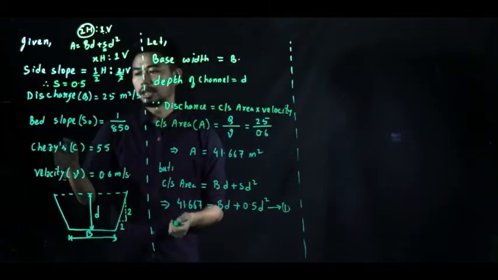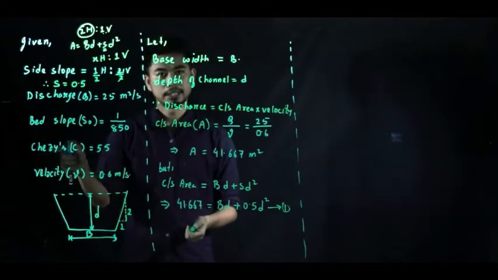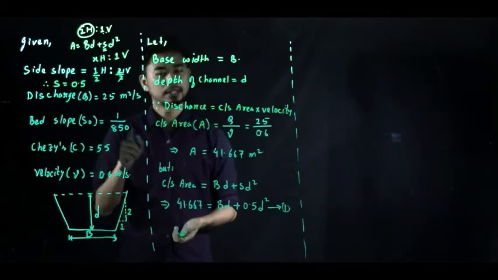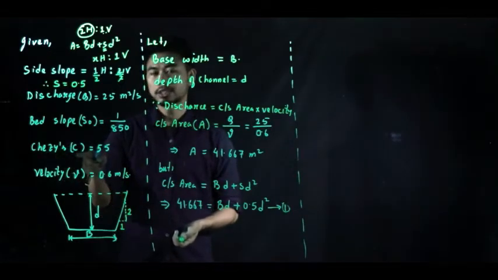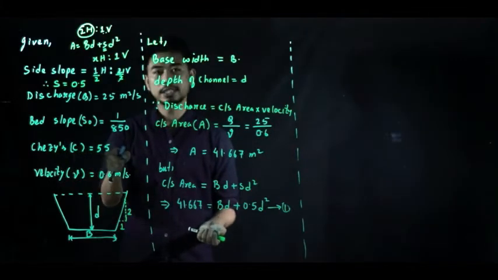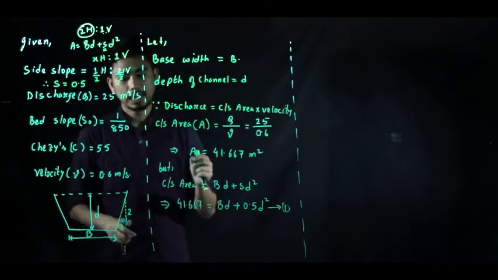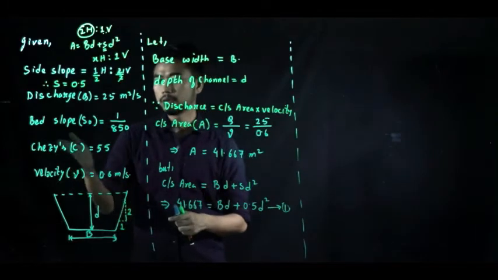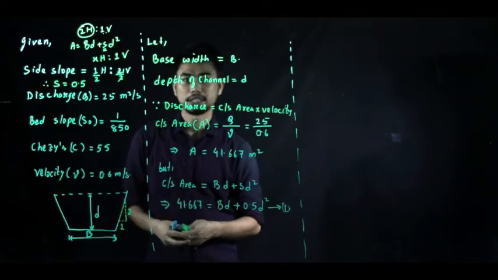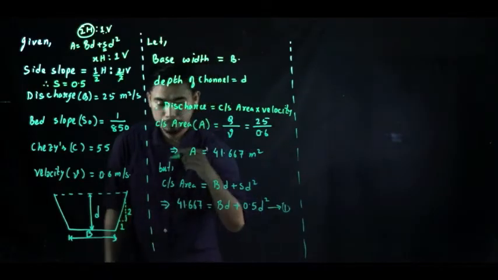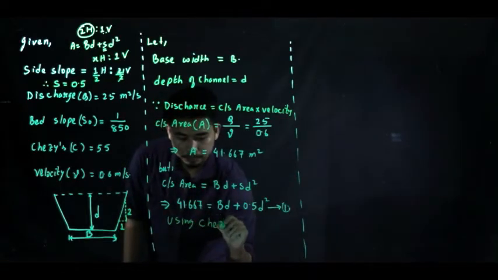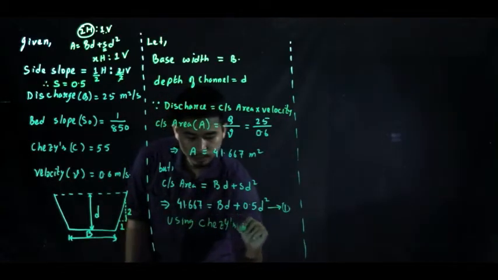Since our Chezy's constant C is given, if Chezy's constant is given, use the Chezy formula. If Manning's constant is given, use the Manning's formula. If Kutter's constant is given, then use the Kutter's formula. So you have to make the judgment whose formula to use based on whose constant is given in the question. So here Chezy's constant is given, so we will be using the Chezy's formula. So you write down using Chezy's formula.